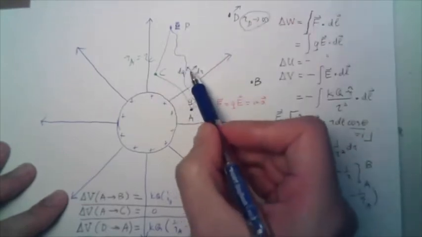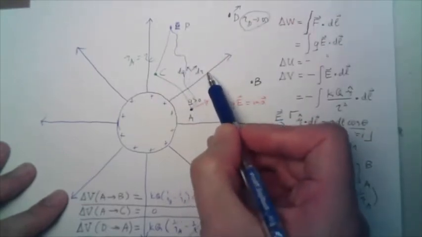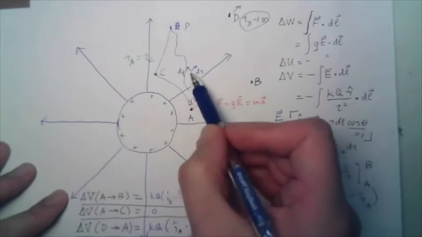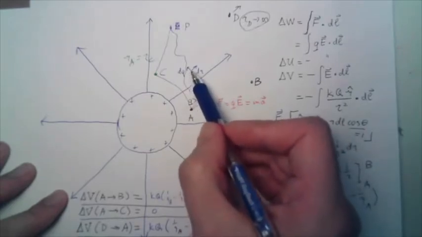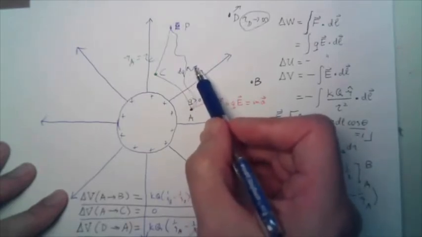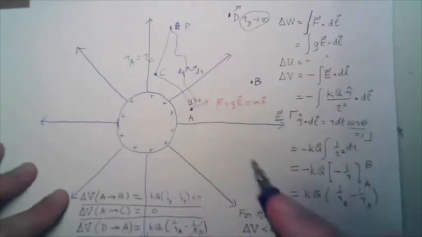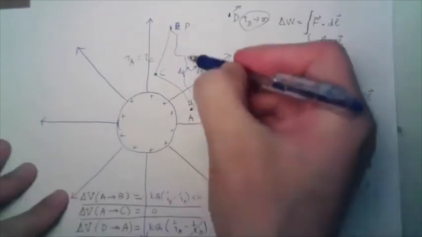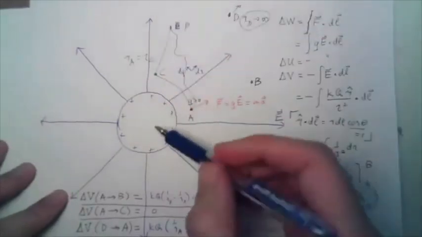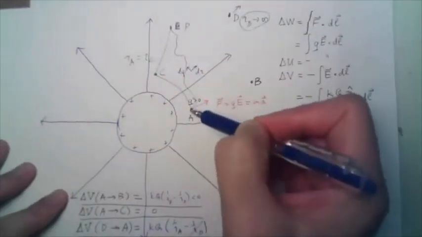And then in the direction of d phi, it's perpendicular to the field lines. There's no potential change, so we only have a potential change due to r, and then we always end up at the same potential. So this potential difference apparently does not depend on the path taken.